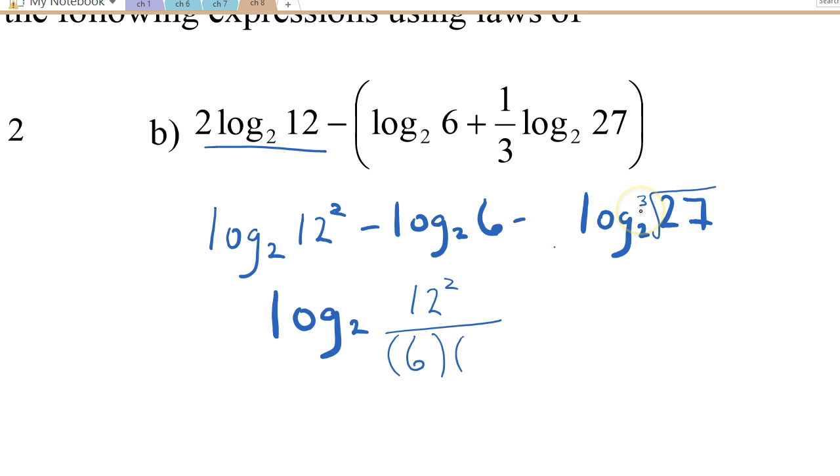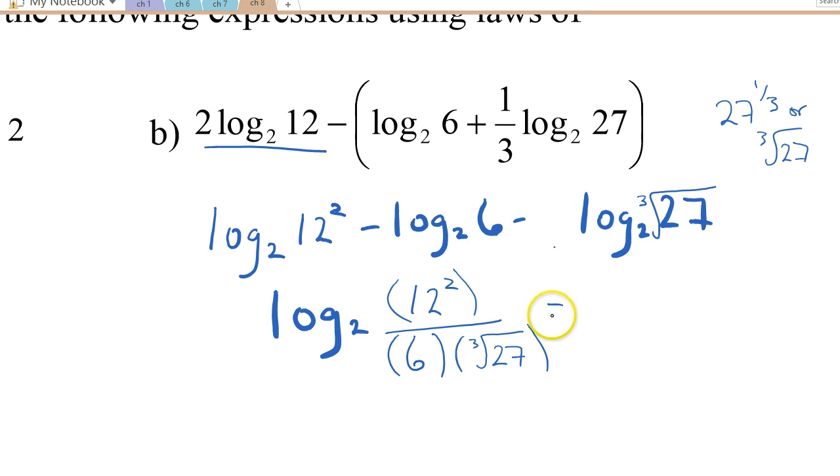Just like this 2 turned into 12 to the power of 2, this 1/3 is going to be 27 to the power of 1/3, so I can either write it as 27 to the power of 1/3, or I can write it as the cube root of 27. Okay, so then I write multiplied by the cube root of 27. Okay, so we've done the simplify part.